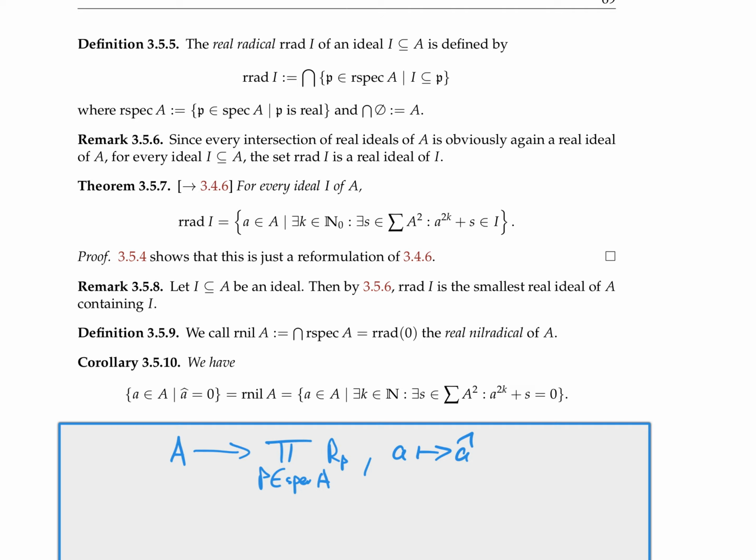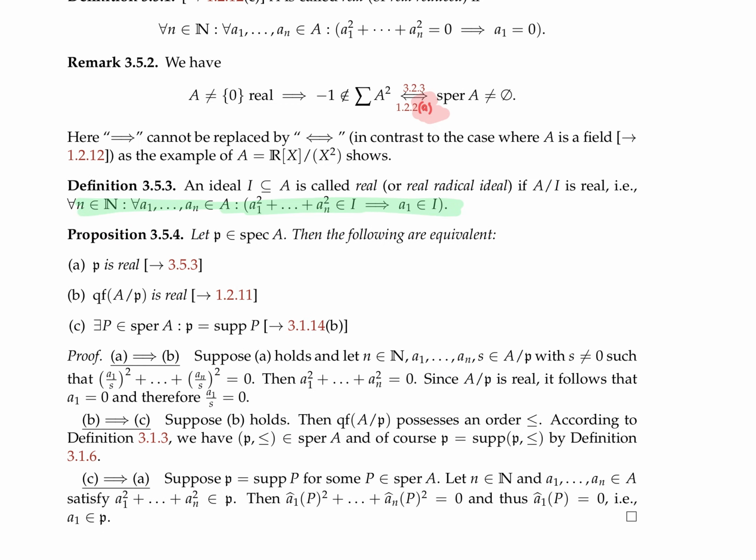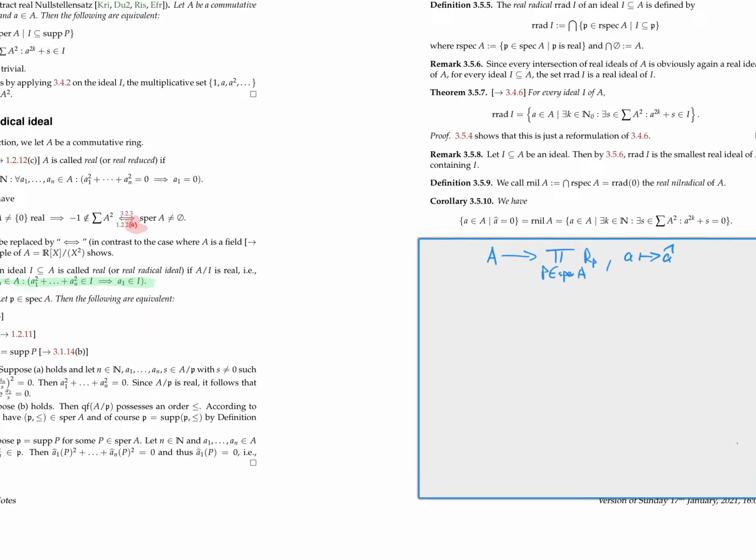You know, just because this real radical here, yeah, I mean, this uses again, I guess, that the real prime ideals are exactly the supports of prime cones.